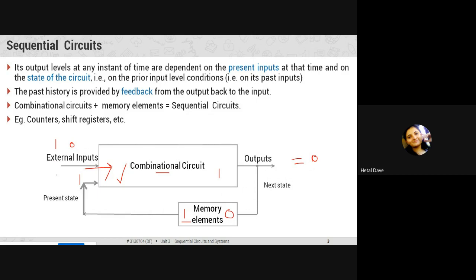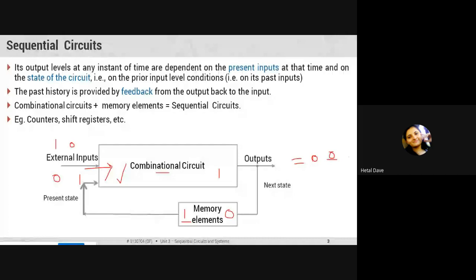Right now the present state is 0. Now whenever I apply 1 and 0, external input 1, present state 0, some process will be done in the combinational circuit, and let's say again the output is 0. So right now 0 is the next state.